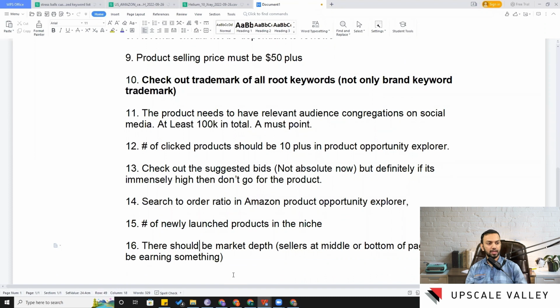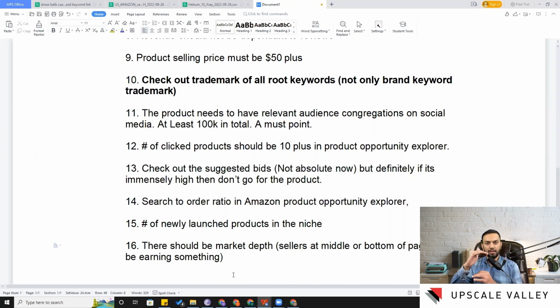And the last point is an additional factor: if there is market depth, like the sellers in the middle or bottom of the page are earning well, that's a plus point, and it's going to help you survive in the middle of the page if things become very competitive at the top, because all of the fight is in the first quarter of the page.